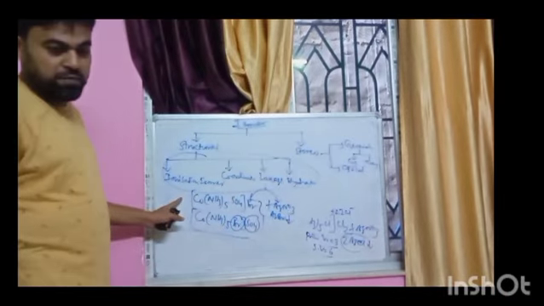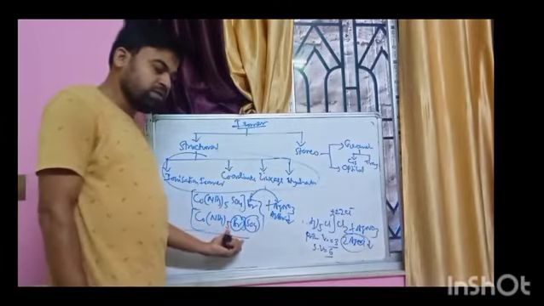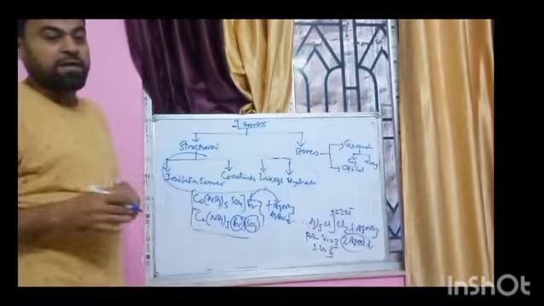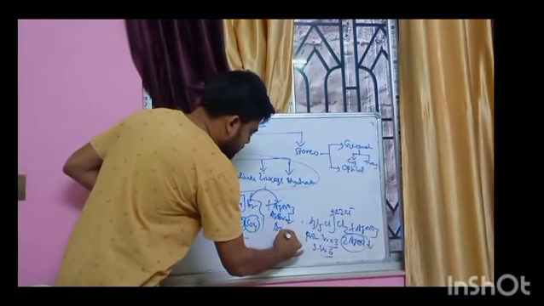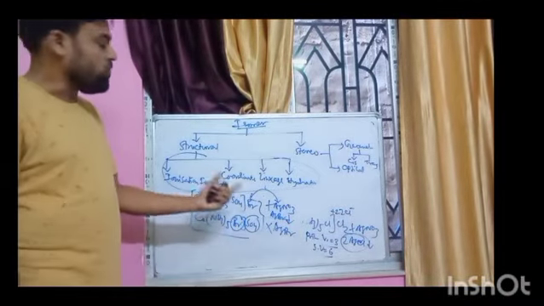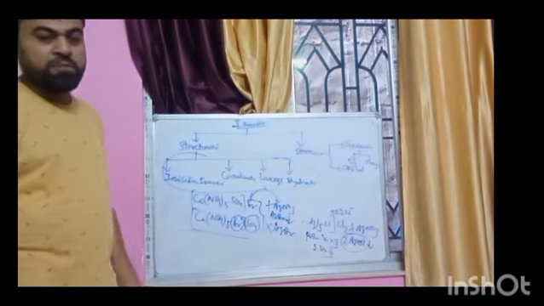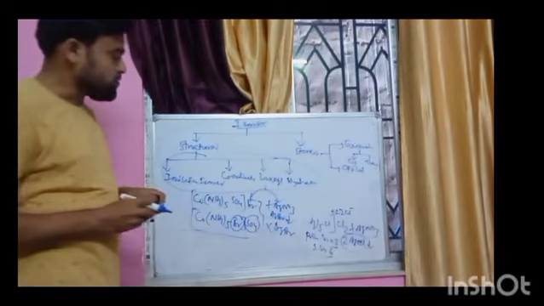But there is no precipitation of AgBr where Br is present inside the third bracket, as it cannot be dissociated easily. That is called the ionization isomer.